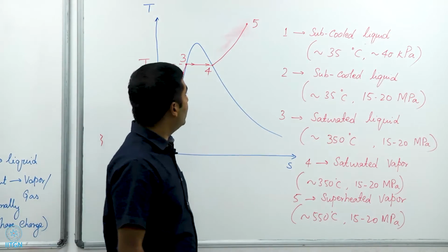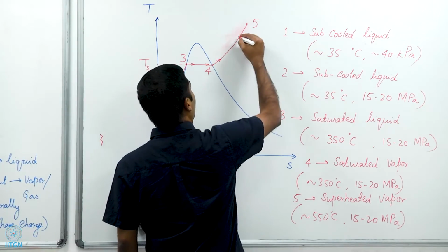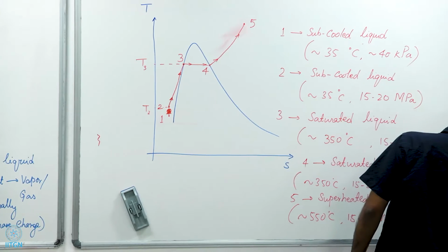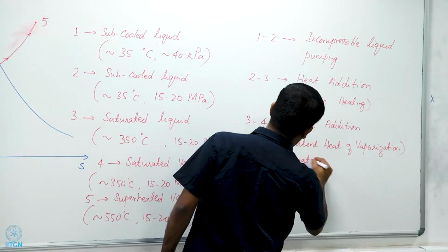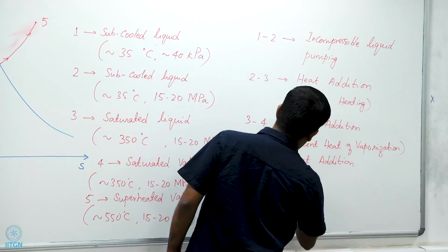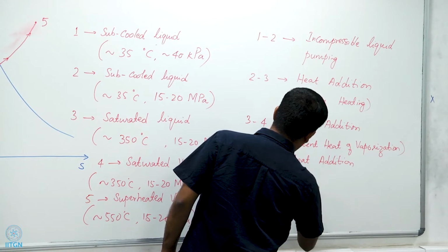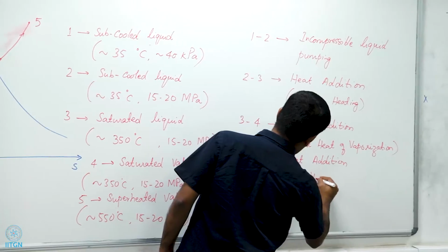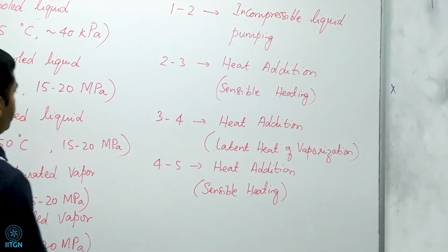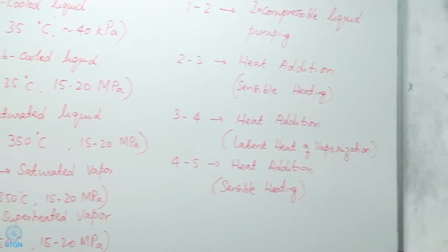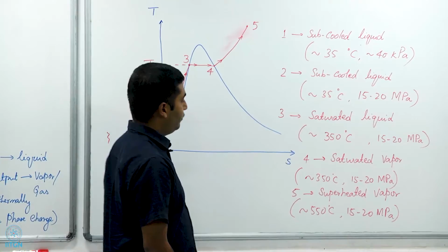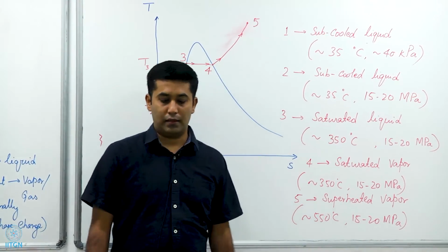So at 5, it's a superheated vapor, and again from 4 to 5, the process is a heat addition, and this is again sensible heating. And at 5, the temperature of the fluid is about 550 degrees Celsius.